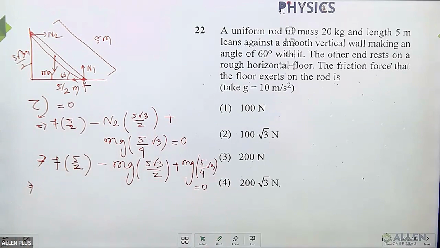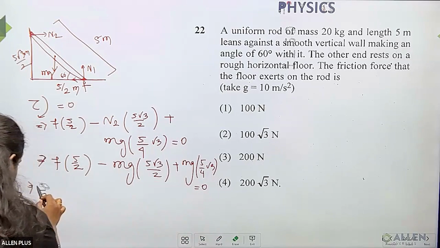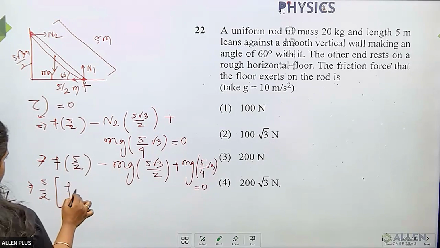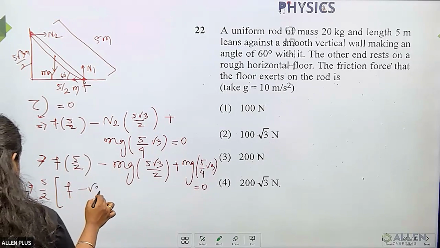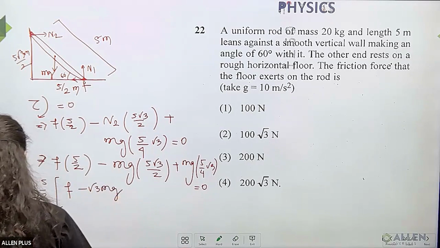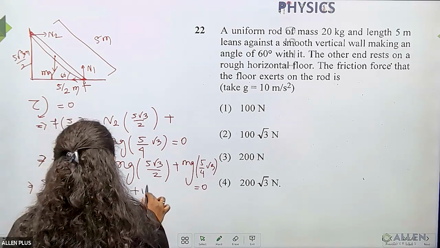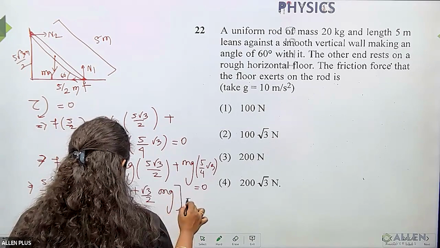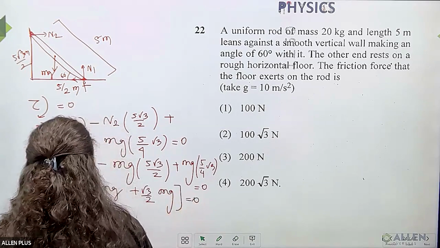Here you will be getting, if you take the 5 by 2 component outside, 5 by 2 into f minus root 3 mg plus root 3 by 2 mg can be equated to 0.